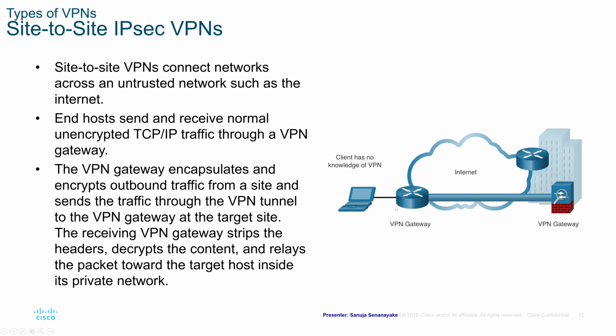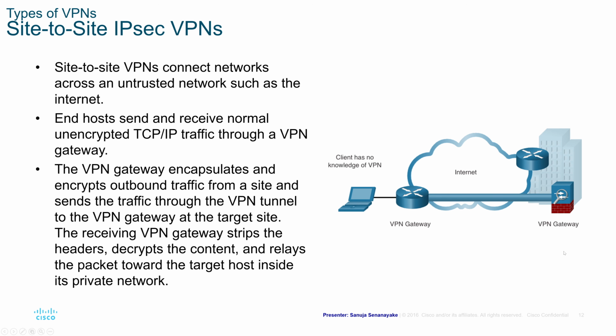So the data between the end user and the VPN gateway is simple unencrypted TCP/IP traffic. But when it reaches the gateway and the data needs to go out, the VPN gateway is going to encrypt that data before sending it out to the other VPN gateway on the remote site.